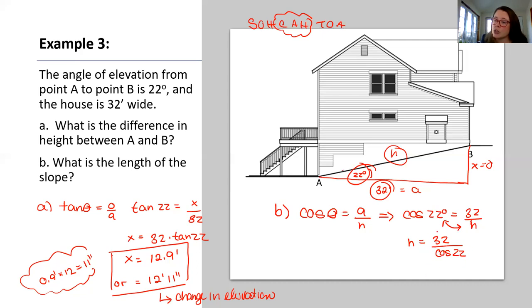Now that we have that, we can just put this into our calculator. And you will find that H, the hypotenuse, is equal to 34.5 feet or 34 feet 6 inches. So that's your slope length. So not complicated.